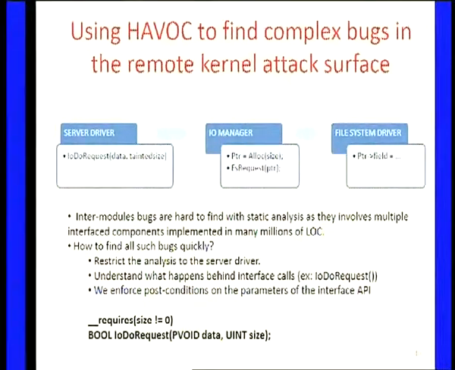With the domain-specific knowledge that we have of the kernel modules, or of whatever component of the code base you want to analyze, we avoid entering multiple components by putting the assertions on the interface functions. Obviously, analyzing multiple millions of lines of code at once in multiple modules would blow up, it would take forever, and you're not even sure you'd find the bug. So it's practical to put the assertions on the interface functions.